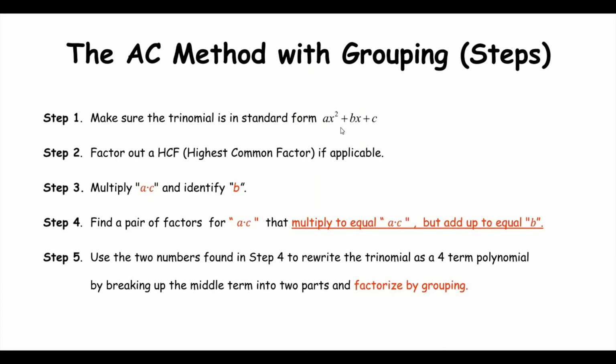The link will be in the description for those who did not see that video. Step 3, we're going to multiply the a term by the c and identify our b term. Then, we're going to find the pair for AC and B, that when we multiply them we get AC, and when we add them we get B. We're going to break up our trinomial into a 4-term polynomial and factorize by grouping.